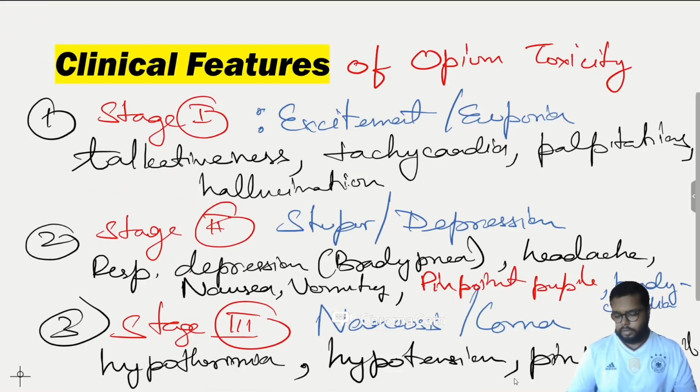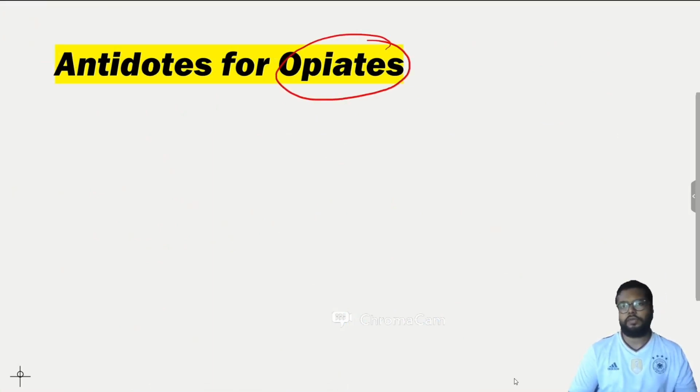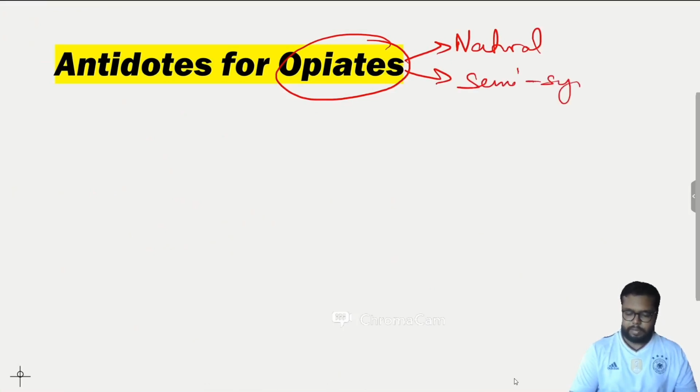Next, coming to the antidotes for opiates. Before that, what are opiates? Opiates are derivatives of opium alkaloids. These are the natural and semi-synthetic derivatives you saw, like morphine and heroin. They are opiates. What are opioids?